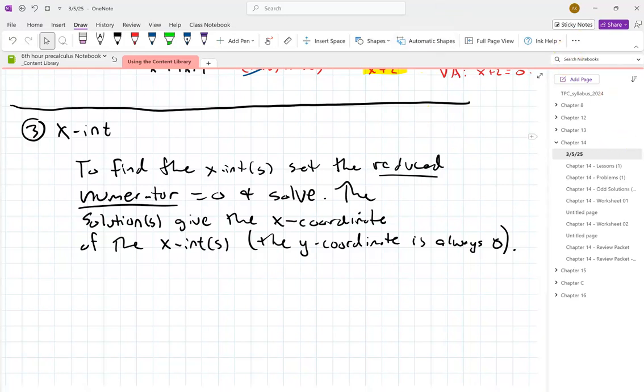Those solutions give us the x-coordinates for the x-intercepts. The y-coordinate is just always going to be 0.